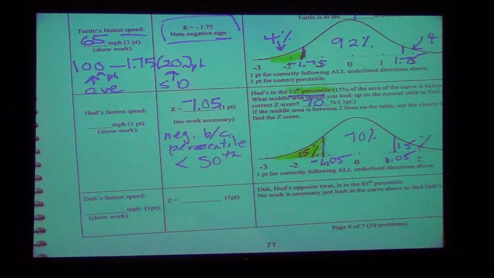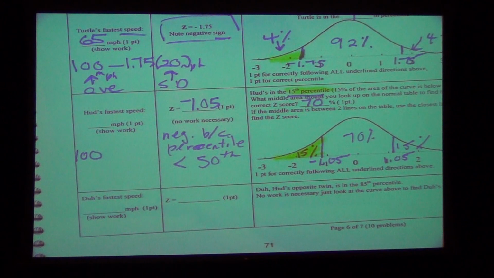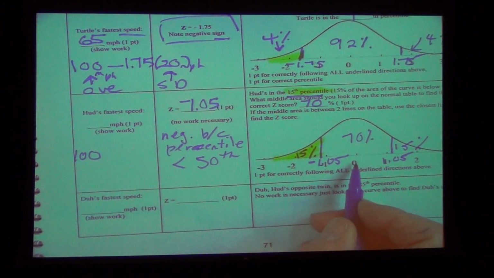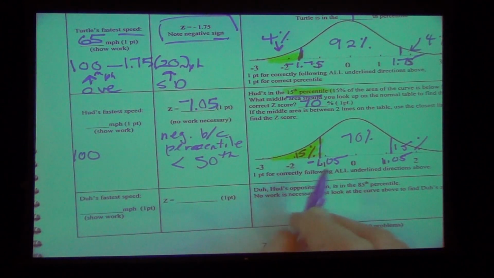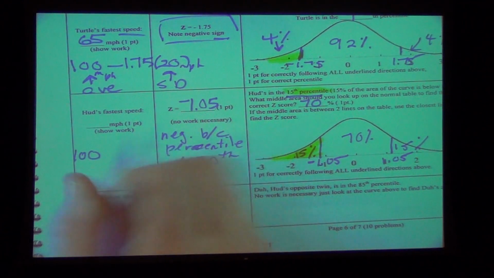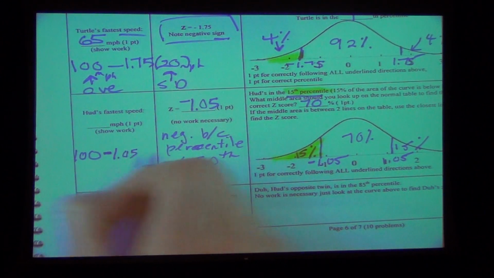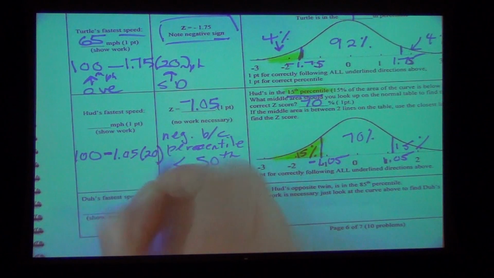So, any questions on that? Now I've got to get the speed. So let's do it without using the formula. I think it's more sensible. Let's just do this. 100. Start at the average, right here. And we're going which direction? We're going down, left. And this tells you how many standard deviations to go down. Negative 1.05 times 20.